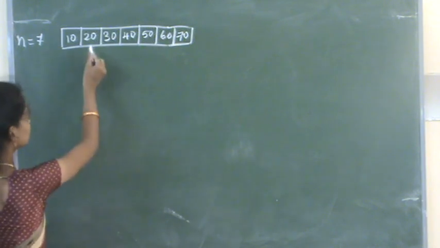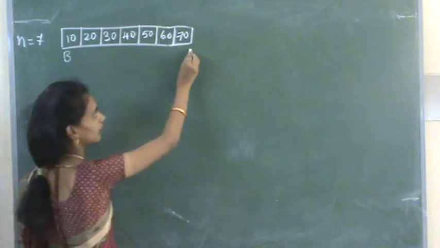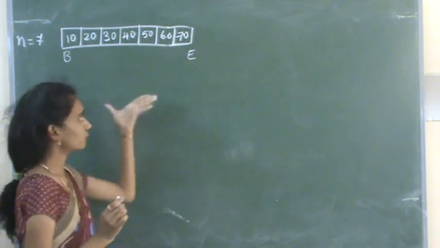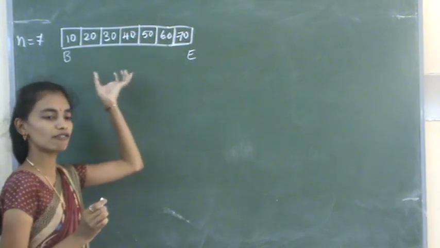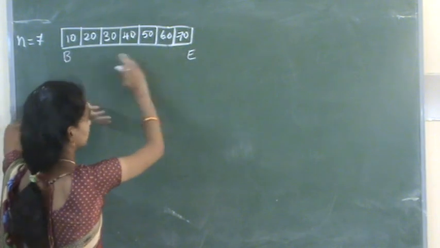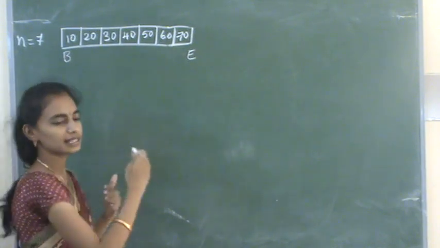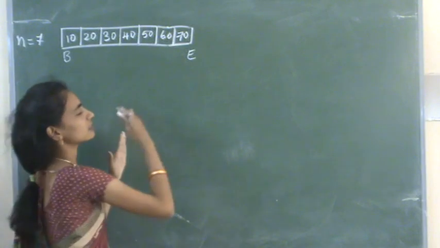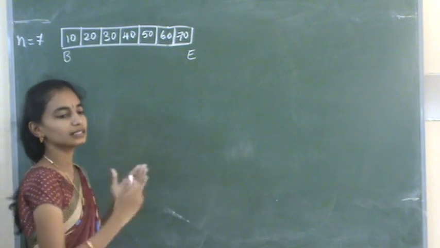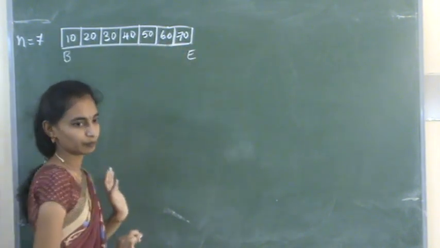Suppose consider this array, this is the beginning, this is the ending. So we set the values initially and then divide this array into two parts. We will compare the search element, whether it is in the right part or left part. Then we will go for searching. We will not search the entire array.